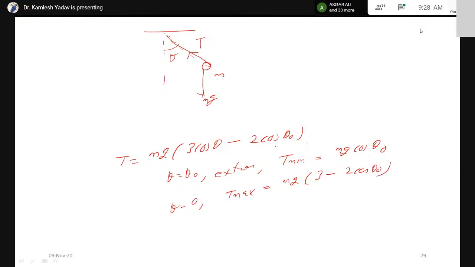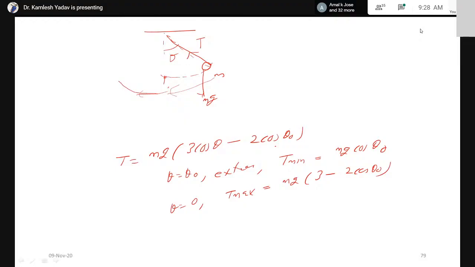Now actually, whenever there is oscillation of this simple pendulum across the mean position, what happens here? Kinetic energy is maximum. That kinetic energy is converted into potential energy at the extreme end, then it starts coming back, its potential energy is converted into kinetic energy, then it overshoots, and then its kinetic energy decreases and its potential energy increases.